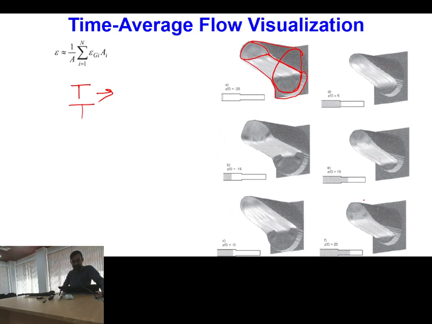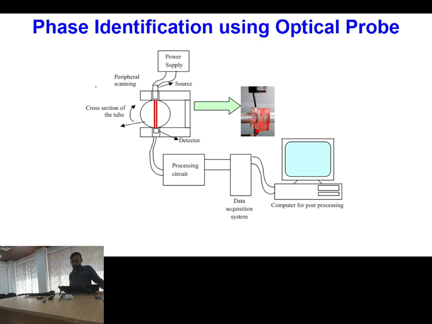So this is at different locations within the pipe, and particularly these are obtained for time averaged data. Now let's see how people have used this type of system in practical scenarios, in some case studies.